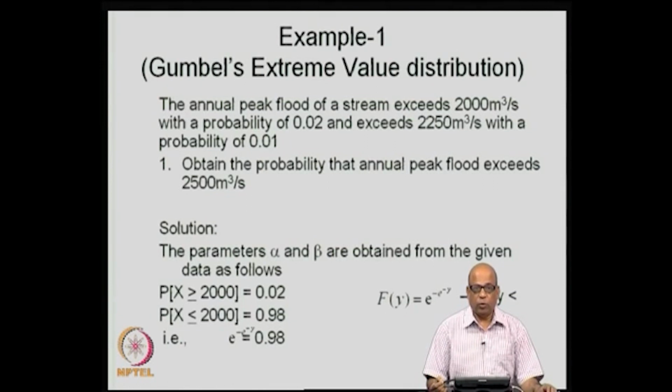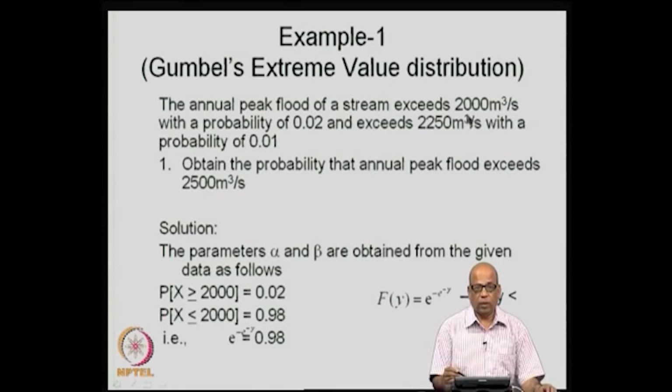If we are looking at the positive extreme value, which means the peak floods or the peak runoff and so on, we will take this example which demonstrates the positive extreme values. The annual peak flood of a stream is known to exceed a value of 2000 meter cube per second with a probability of 0.02, and to exceed a value of 2250 meter cube per second with a probability of 0.01.